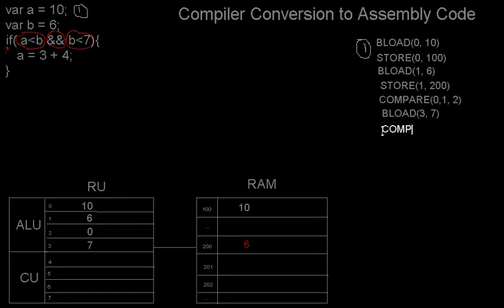We'll do compare between where B is, register 1, to where our 7 is, register 3, and we'll store that in, we haven't used 4 yet, so let's use 4. Is 6 less than 7? Yes, it is, so we'll store 1 in register 4 and look at the code for compare for that.